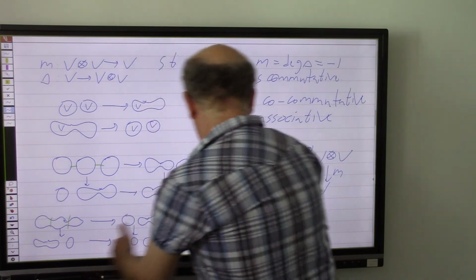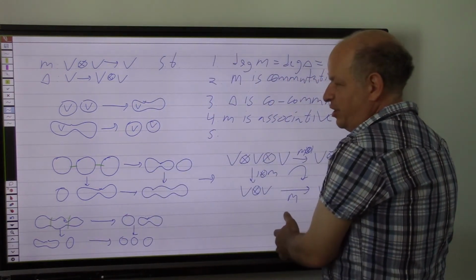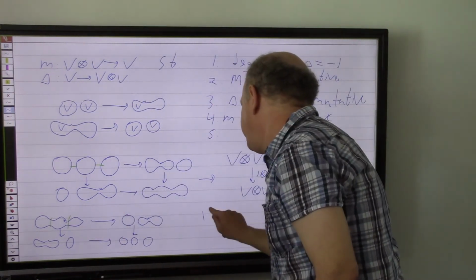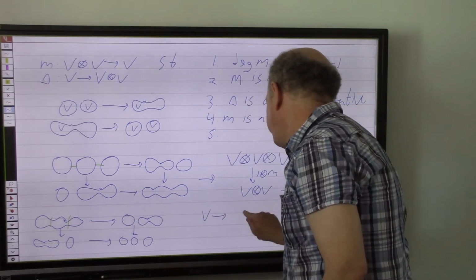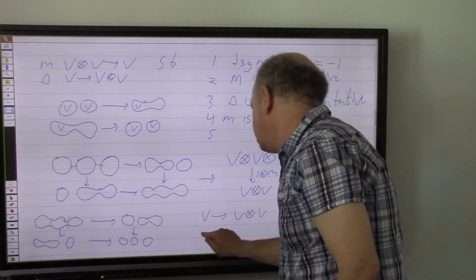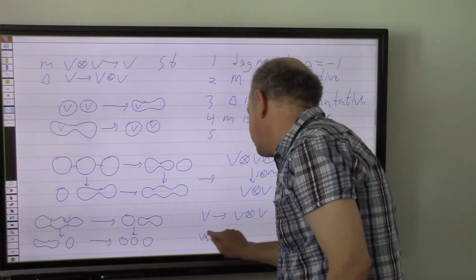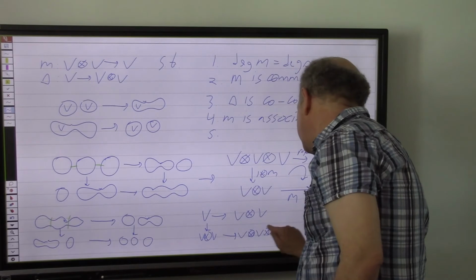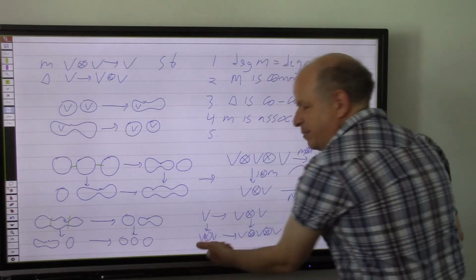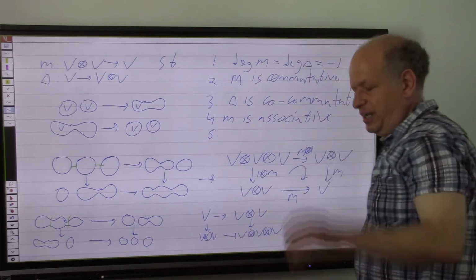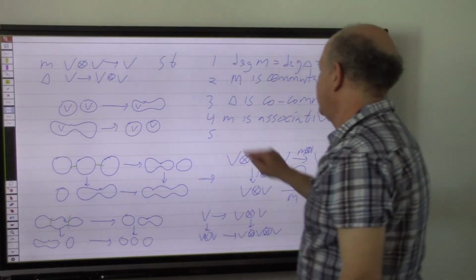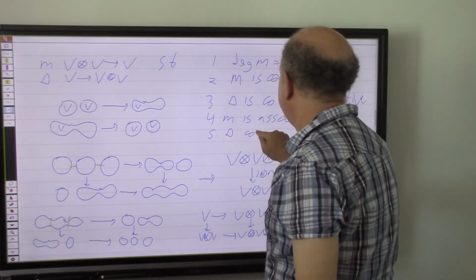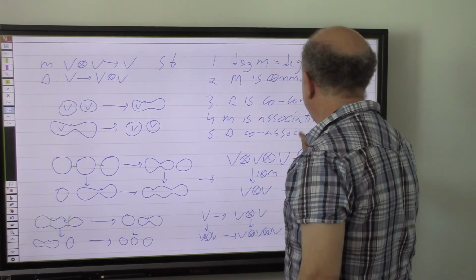Now the corresponding vector space diagram will be V goes to V tensor V, goes to V tensor V tensor V, and if you write the maps, this is precisely the co-associativity. So delta should be co-associative.